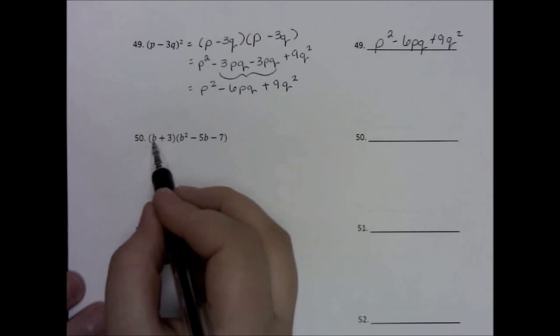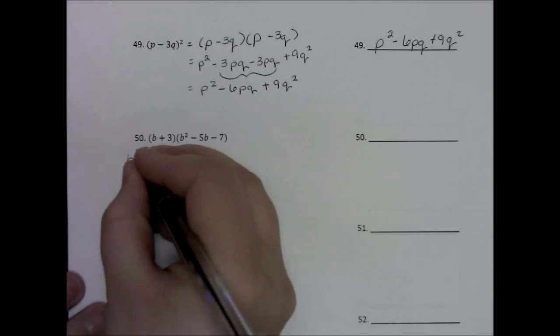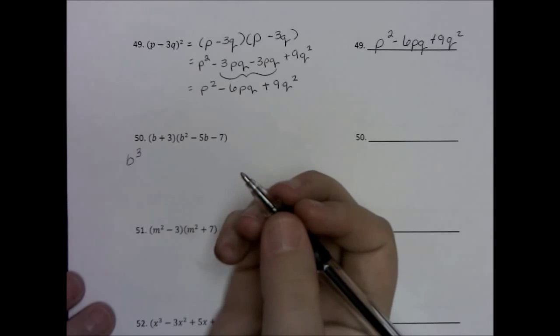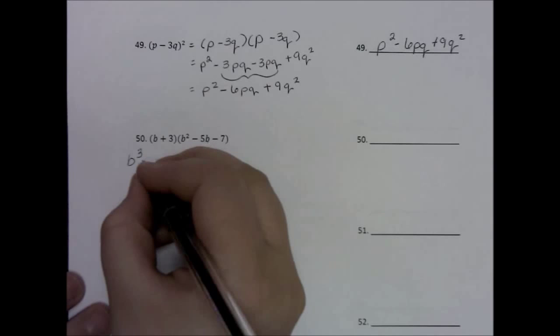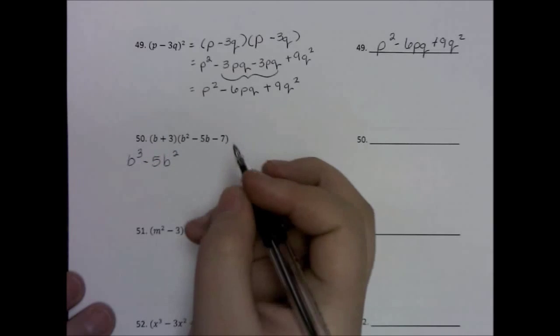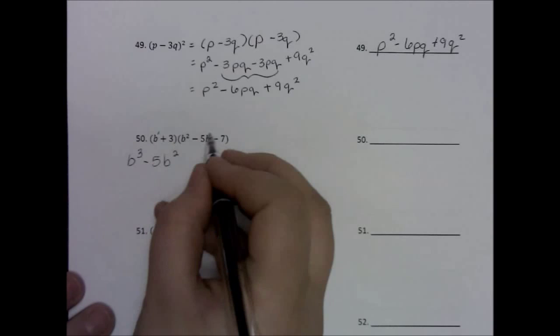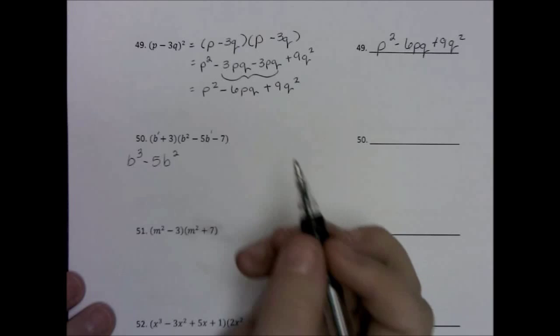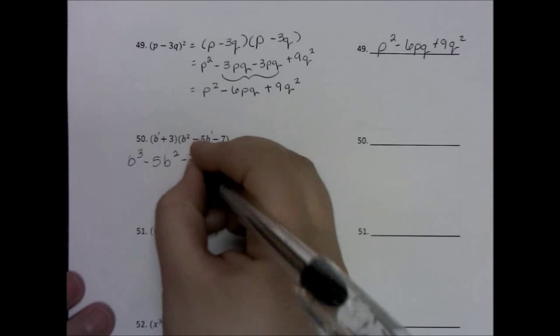So B times B squared is B to the third. B times negative 5B is negative 5B squared. And how we're getting these exponents is we're adding our exponents because we're multiplying those bases. And then B times negative 7 is negative 7B.